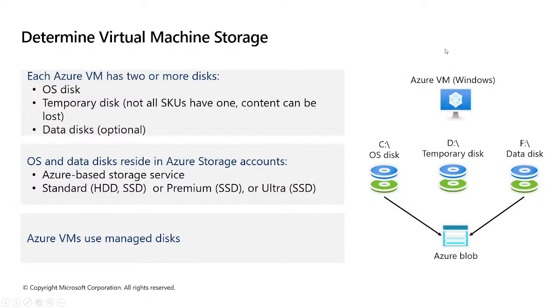So how do we determine the virtual machine storage? We all know that when you get a new system, there's always a storage where your operating system is going to be stored. Most of the time it is the C drive. Do you want to add additional storage to this C drive?